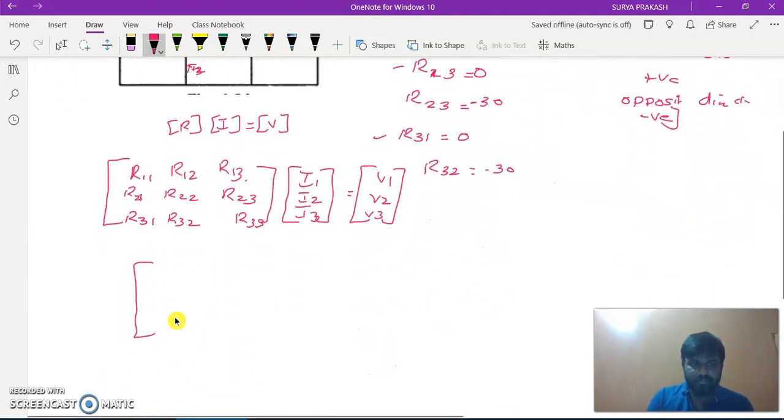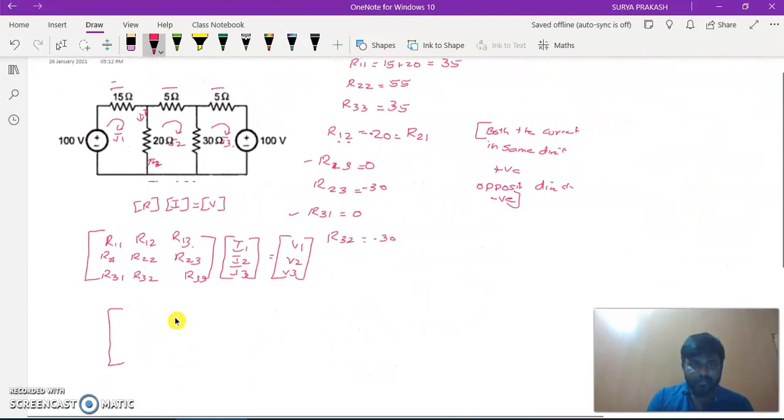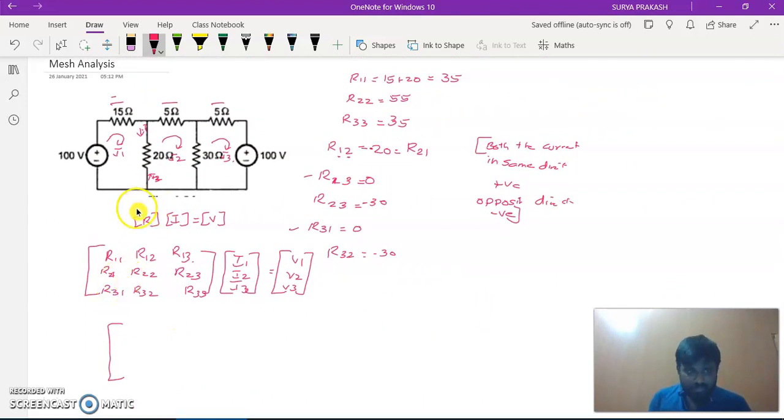R11 is 35. R22 is 55, and R33 is 35, and R12 is minus 20, and R13 is 0. The next one is R21.